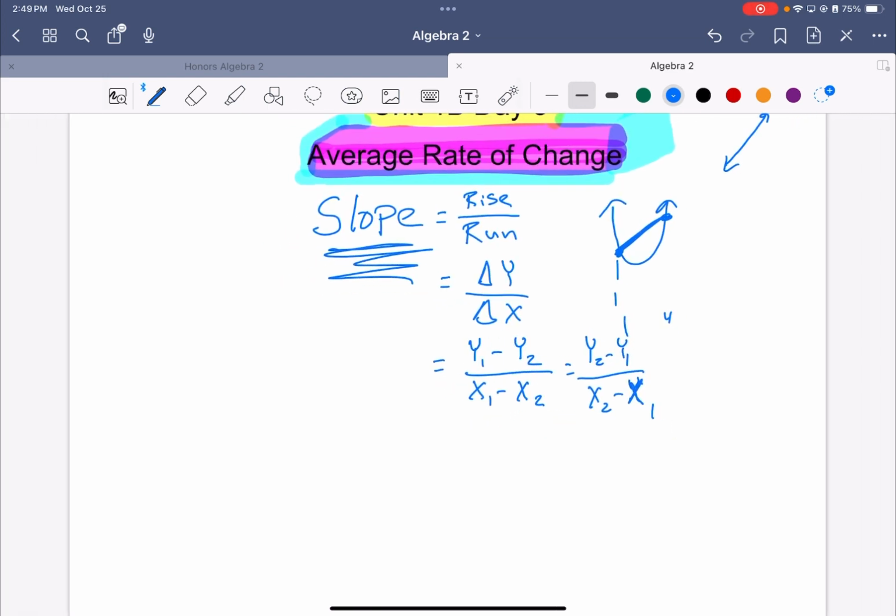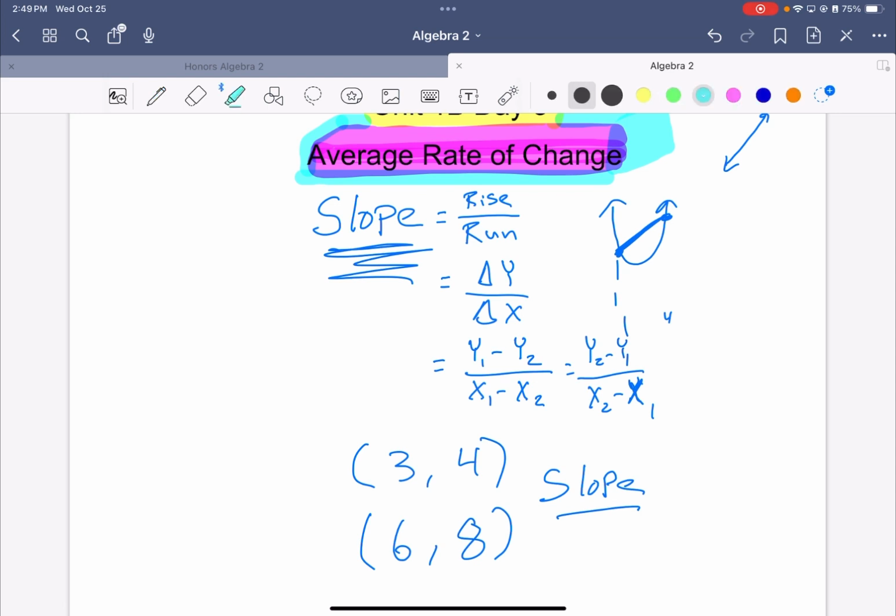Okay? It's finding the slope of a line if you're given 2 points. So just a quick reminder, let's say we're given the point (3, 4) and the point (6, 8), and we want to find the slope or the average rate of change. Mathematically, it's the change in our y's, so 4 minus 8, y1 minus y2, over the change in the x values, x1 minus x2.